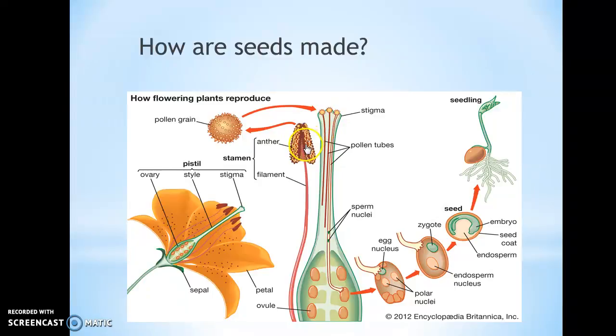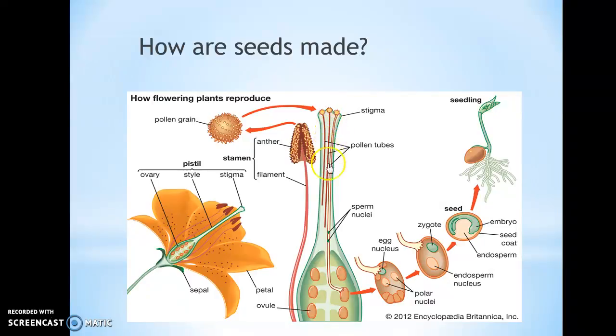And it could be moving from the anther of a male plant to the stigma of a female plant, or if it's a plant that has both parts, it can simply move within that plant from the anther to the stigma.